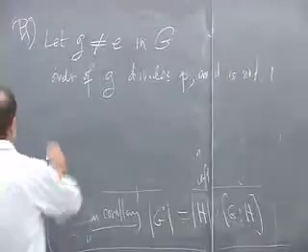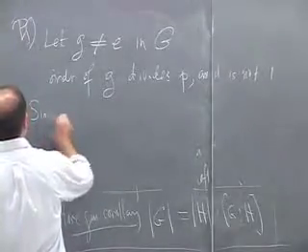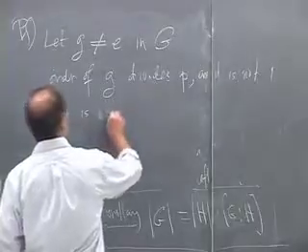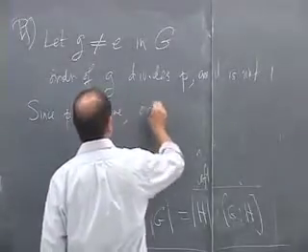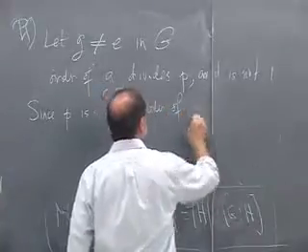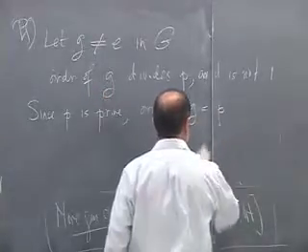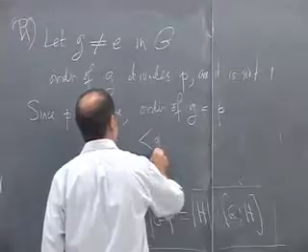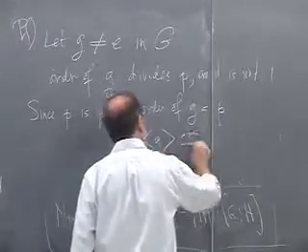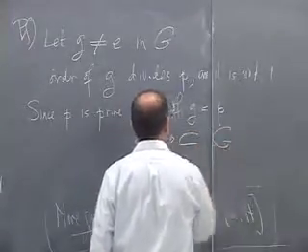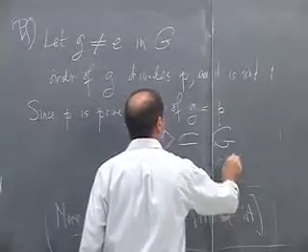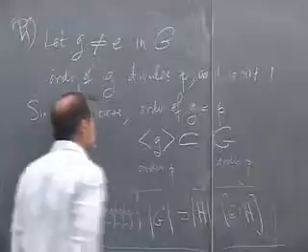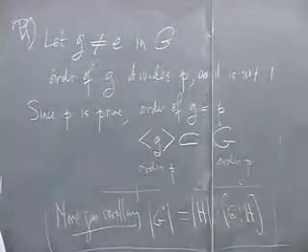Hence, since P is prime, its only divisors are P and 1. So the order of g is equal to P, which says that the subgroup generated by g, which is a subset of G, has order P. And if you have finite sets, one contained in the other, and they have the same order, they're equal.